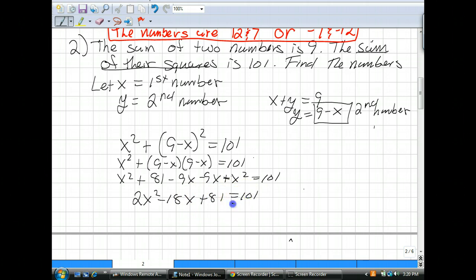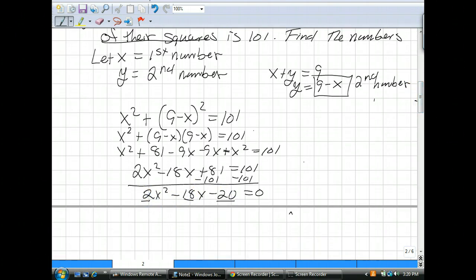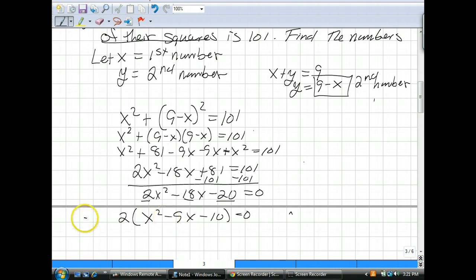Set it equal to 0. So we're going to get 2x squared minus 18x minus 20 equals 0. Now we're ready to factor. Notice that there is a common factor of 2 in each one of the terms, so I'm going to factor out the 2. Then I'm going to factor that.